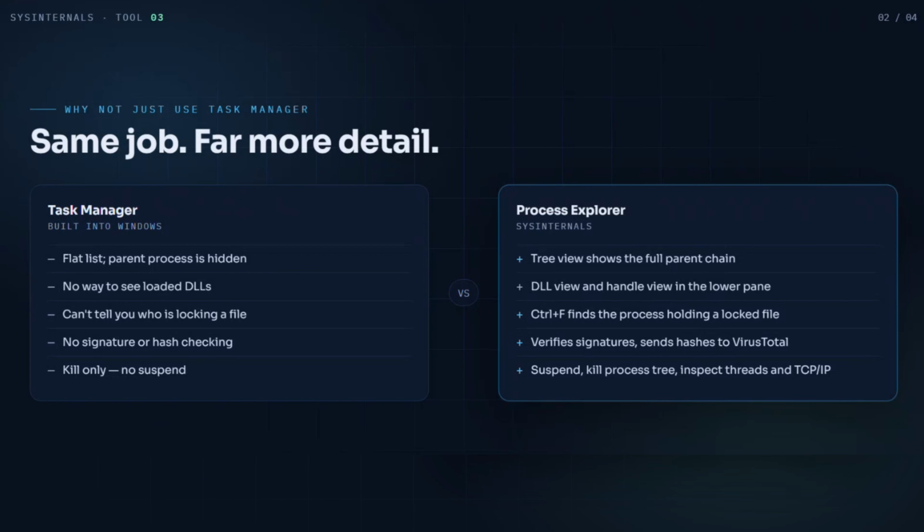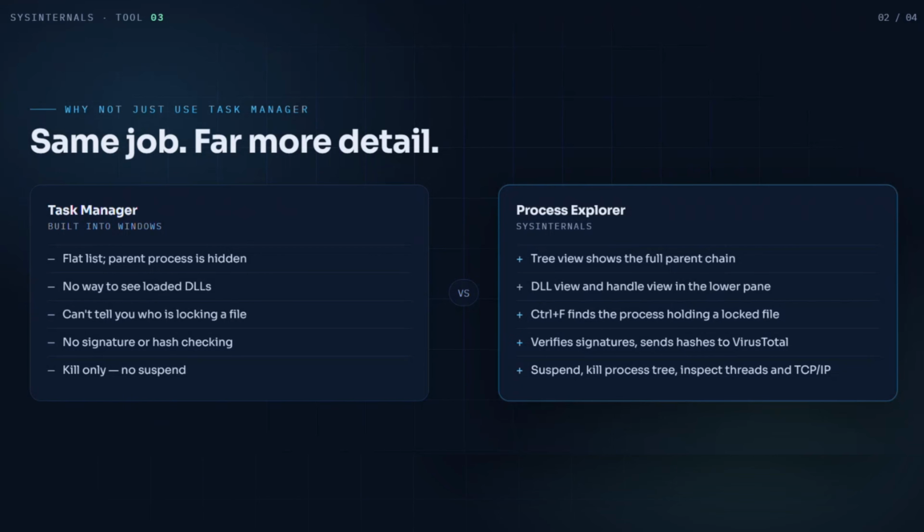Another useful feature is Ctrl+F, which can help us find which process is holding a particular file or DLL. It also provides additional security-related information, including verified signer and VirusTotal information.